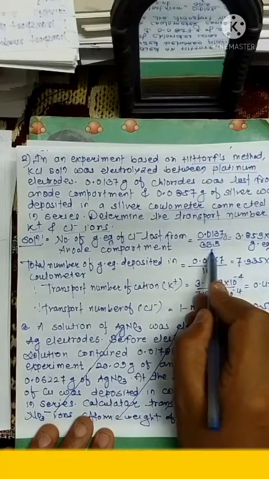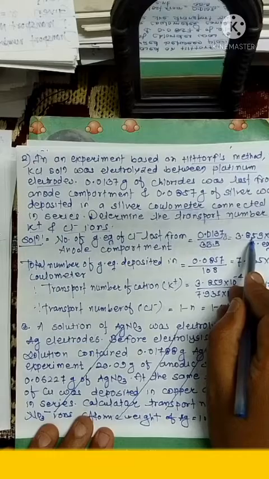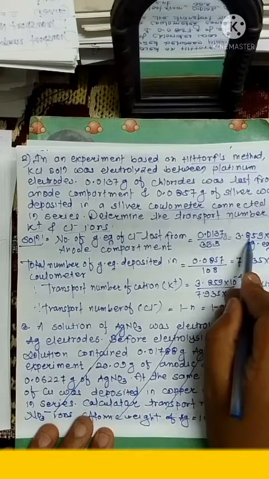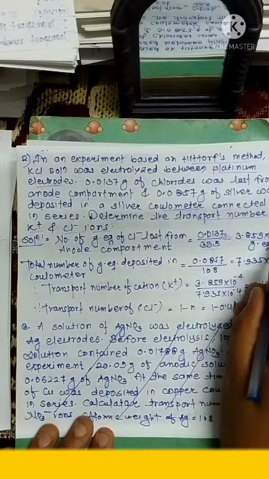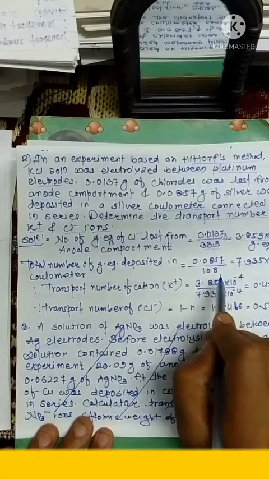Dividing this quantity by that, we get 3.859 into 10 raised to the power minus 4 gram equivalent.